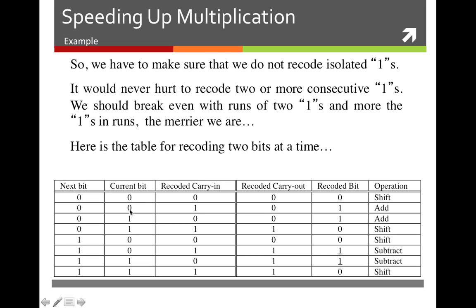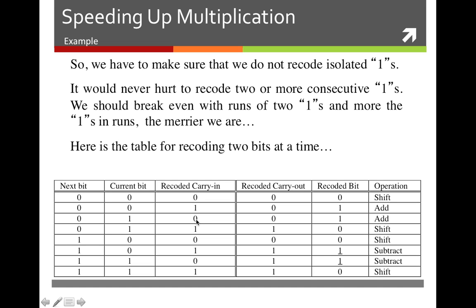So it is not possible for us to move it over any further, because this bit itself is not equal to 1 to carry it over. So it has to be committed. That means we have to recode it as 1. But we're not generating any recorded carry out, because we're terminating this. This is kind of like how it was in the earlier table.